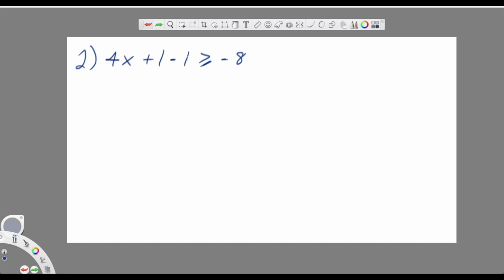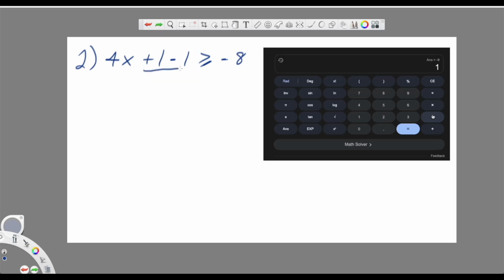Now, the reason it can get a little tricky is because, again, working with negatives is sometimes confusing. However, anytime you get confused, put it directly into a calculator. If you put positive 1 minus 1 into a calculator, you're going to get 0.